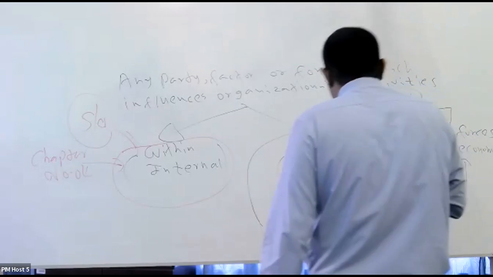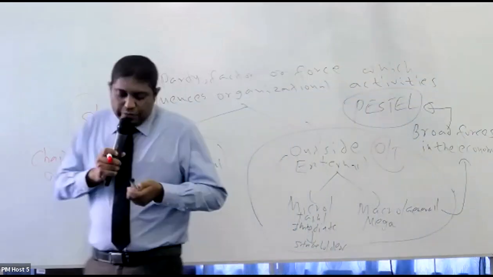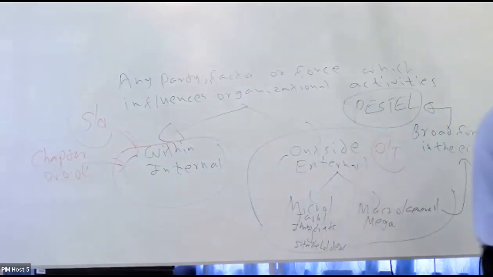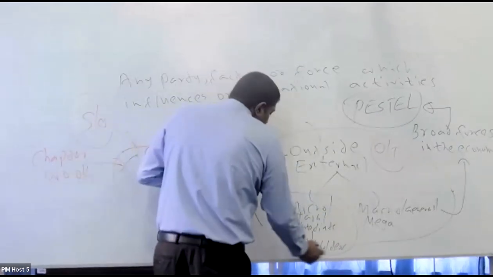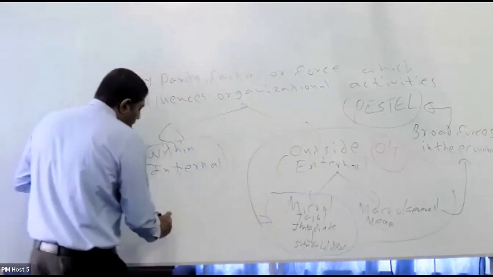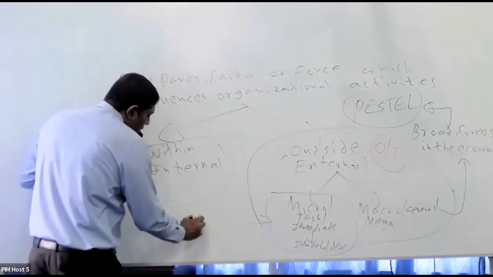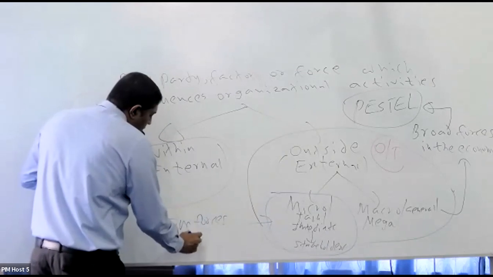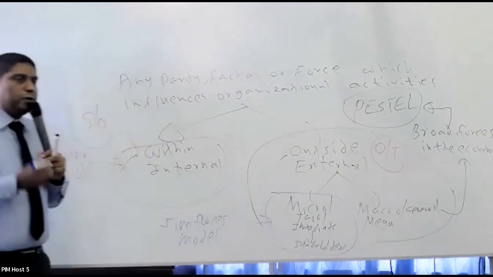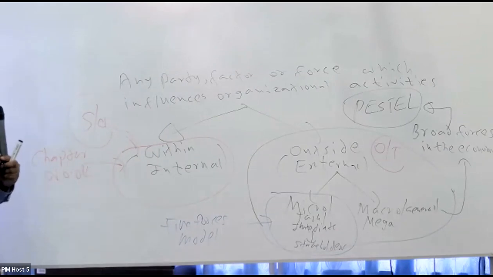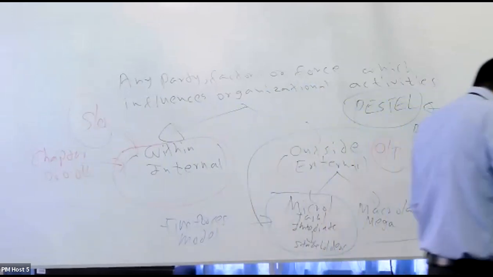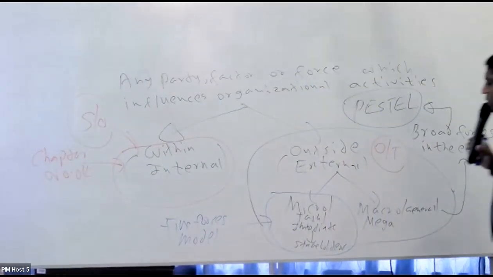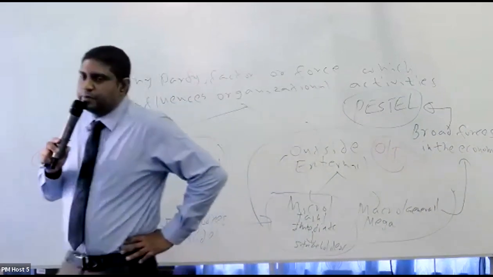Now, looking at the tools we are going to use, for the microenvironment we will mainly use a tool called the 5 forces model, introduced by Michael Porter, to analyze the microenvironment.